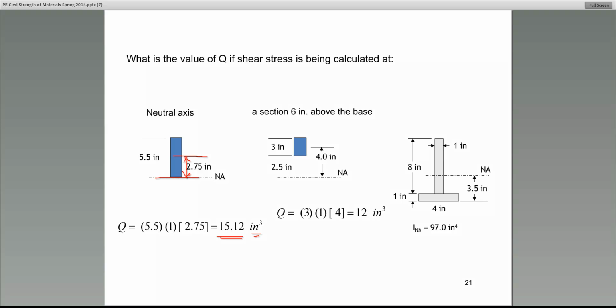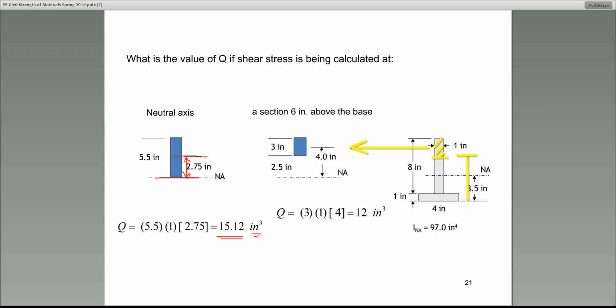Step number 1 is identify the location. So it would be 6 inches from the bottom, approximately there. What do we do next? Isolate the area above that section. I have done that here.